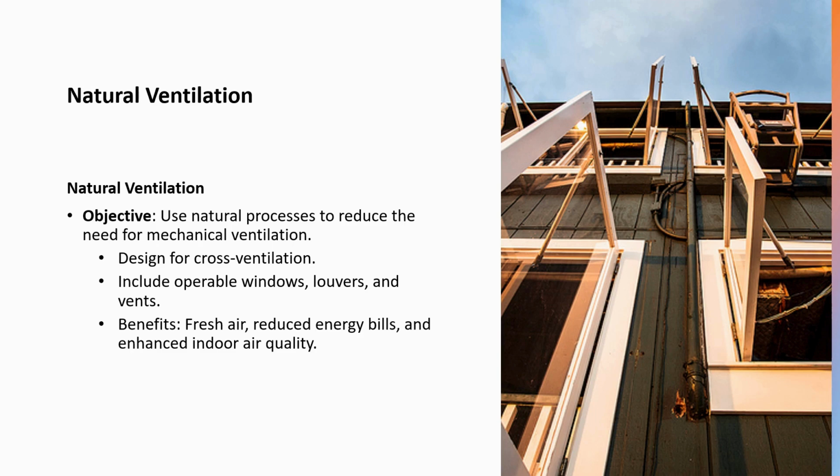So our objective here is to use a natural process to reduce the need for mechanical ventilation. We design the building for cross ventilation, and this includes operable windows, louvers, and vents. As a result, we can get fresh air, reduce energy bills, and enhance indoor quality.